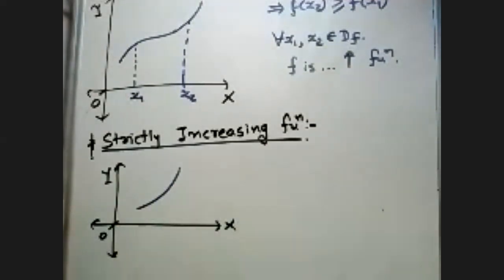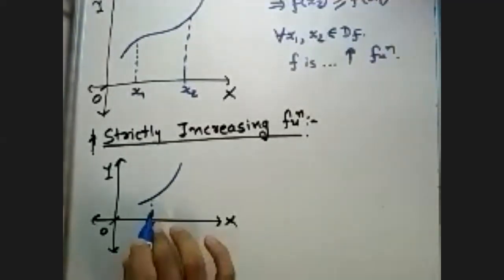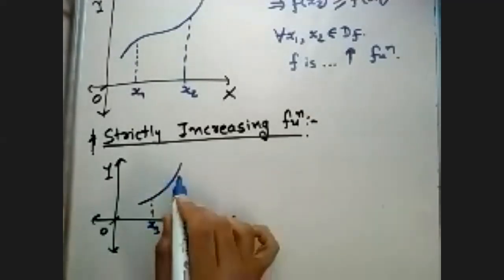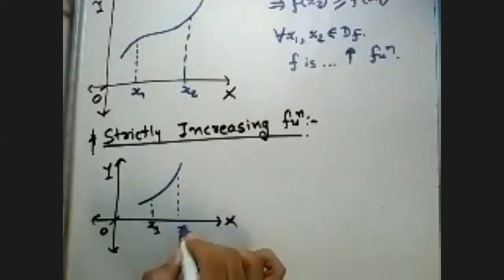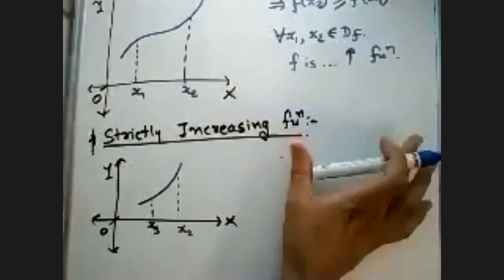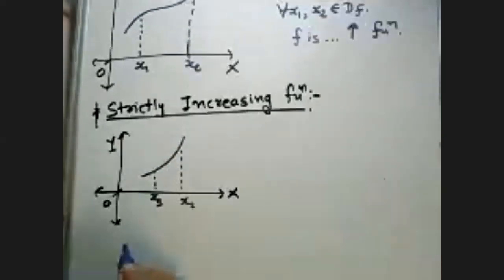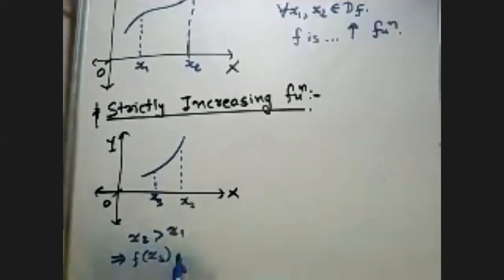Now you can see over here that whenever x2 is greater than x1, f of x2 can be only greater than f of x1, not equal to.